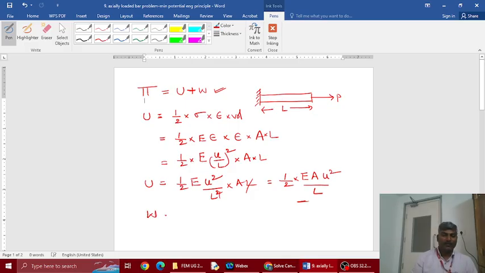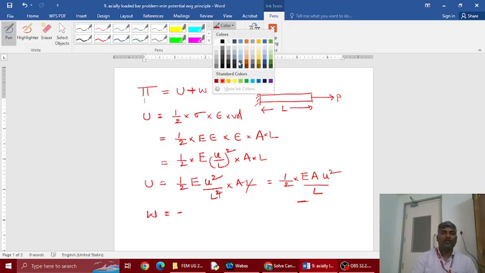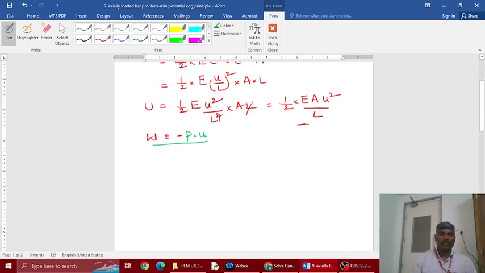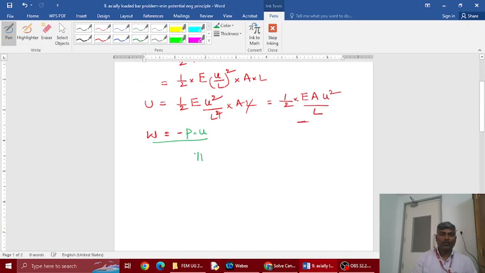Now the work done is equal to minus force into the displacement that is happening at this end. So P into U is the external work done by the force. Now let us apply this total potential energy principle.